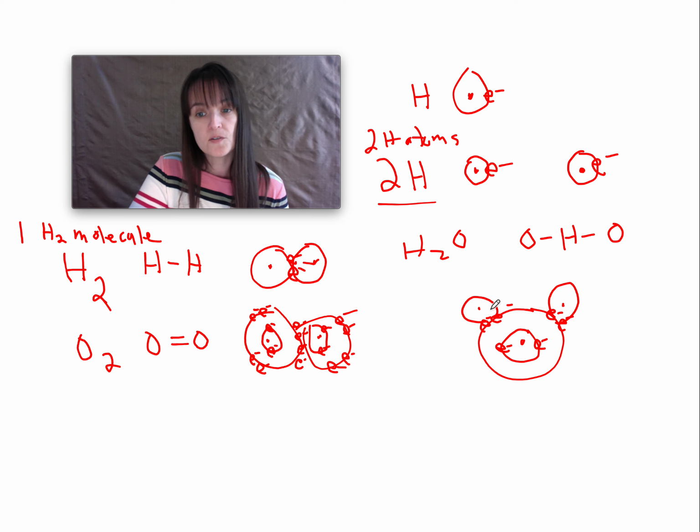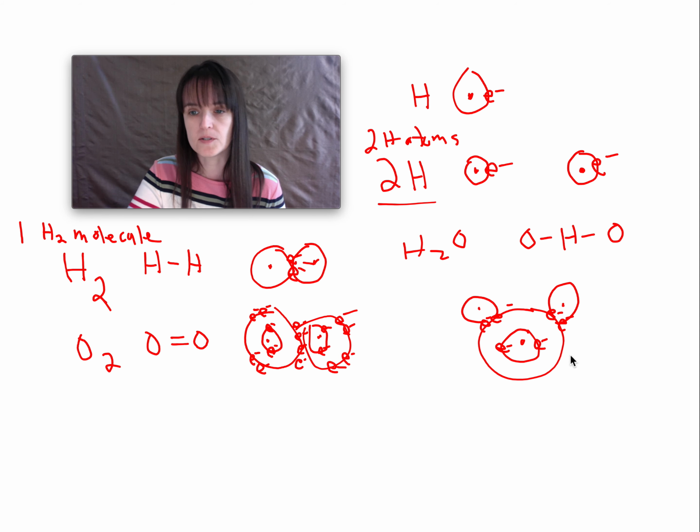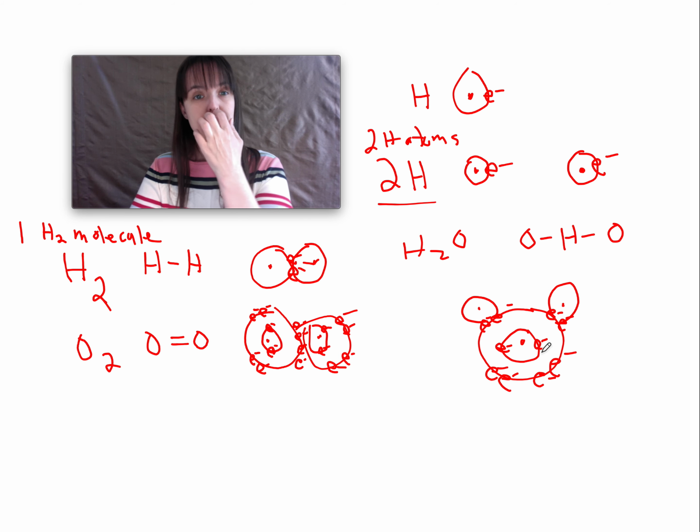So this counts as 2 electrons for this hydrogen and 2 electrons towards the valence shell of the oxygen. Same here, so that's 1, 2, 3, 4, and then we need 4 more. 8.